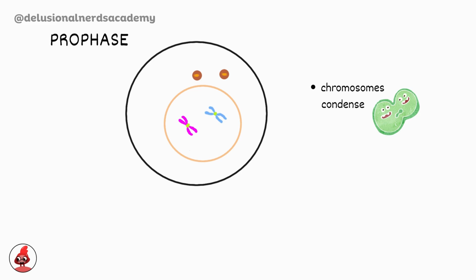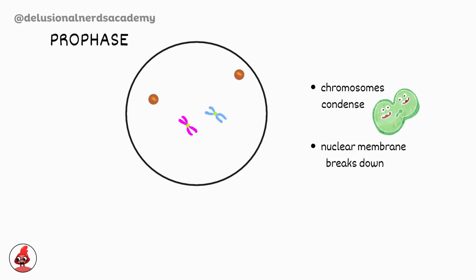The second thing that happens is that the nuclear envelope, aka the nuclear membrane, breaks down, releasing the chromosomes as a result. This is necessary because it allows the chromosomes to split up easily in the further steps without any obstacle coming in between. Last but not least, the two centrosomes migrate to the opposite ends of the cell. Don't worry, we're going to discuss what happens just in a moment.